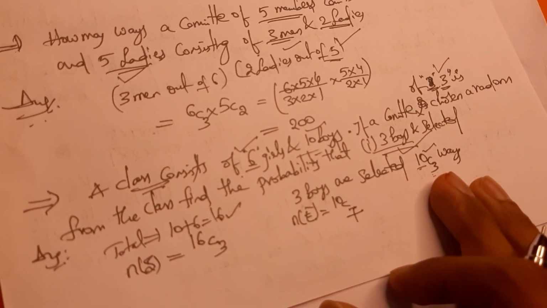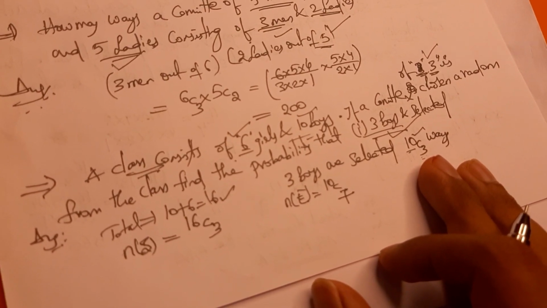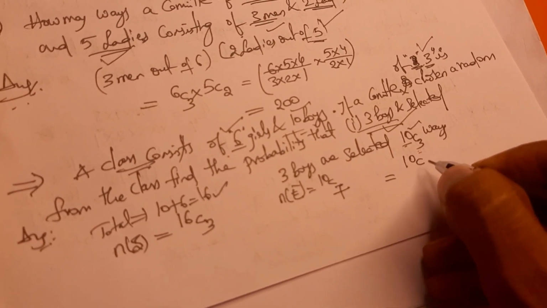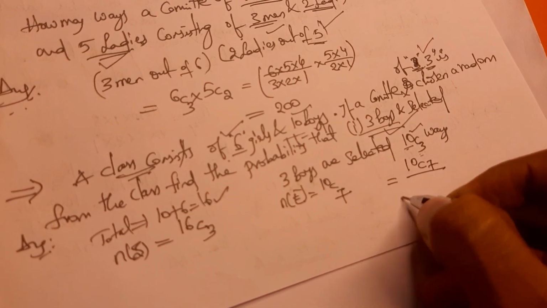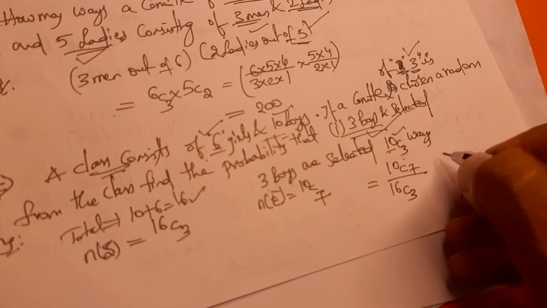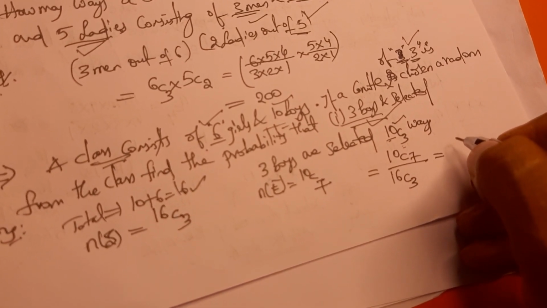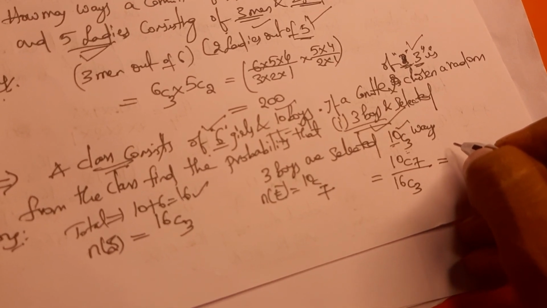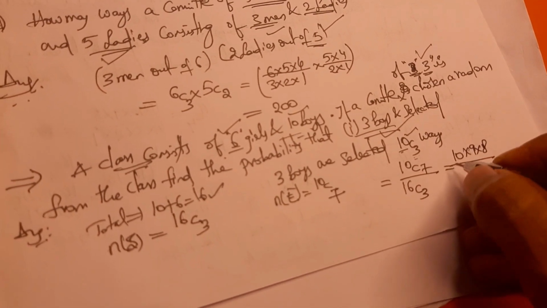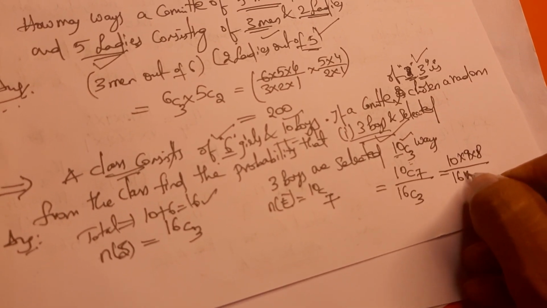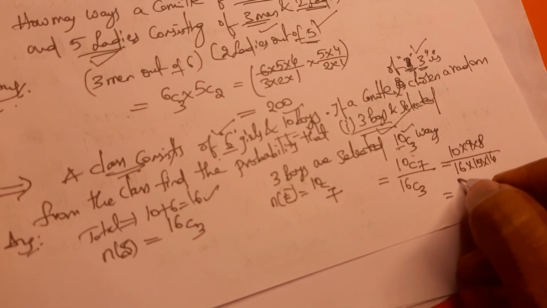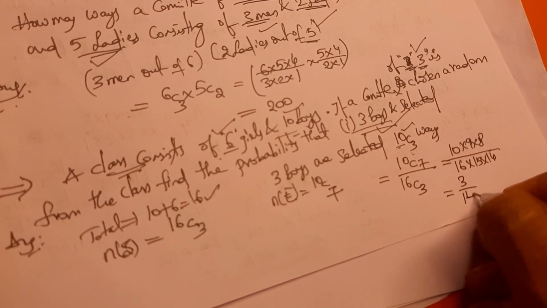So here the probability of 3 boys getting selected will be 10C7 divided by 16C3. If you apply the combinations formula, the output will be 10 cross 9 cross 8 divided by 16 cross 15 cross 14. If you solve this, you get 3 divided by 14.